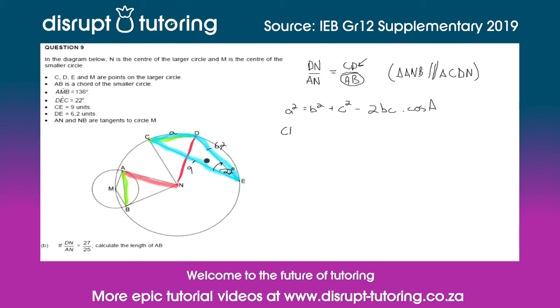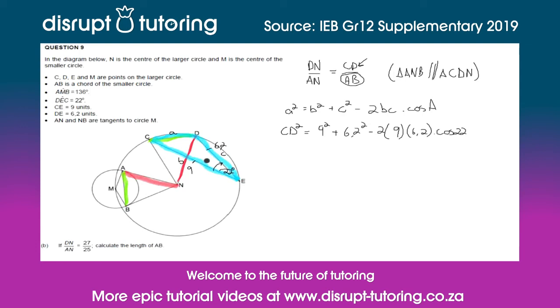So CD squared should equal b squared, which is CE, so 9 squared, plus side c, which would be the 6,2, so 6,2 squared, minus 2 times b, which is 9, times c, which is 6,2, and then of course times cos of 22.